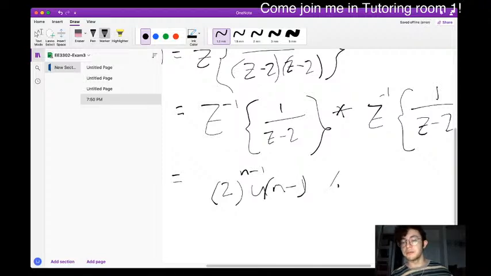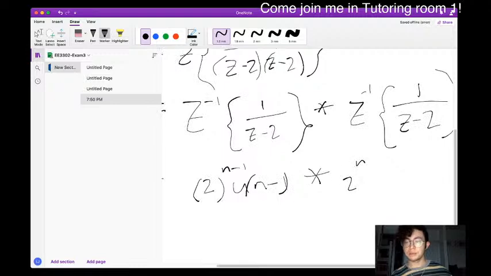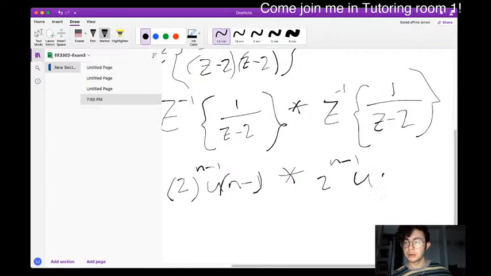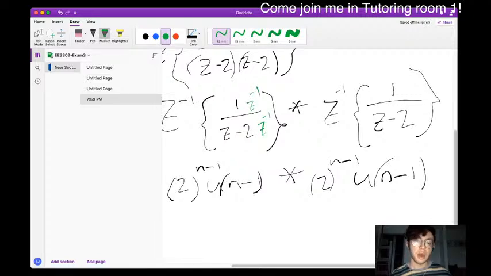So that one would be convolved by the same thing, 2 to the n minus 1 times u of n minus 1. And you get this by a similar thing where you multiply and divide by z inverse, so you get it into the form of what corresponds in that table. So yeah, that's how you invert the z-transform for the most part.